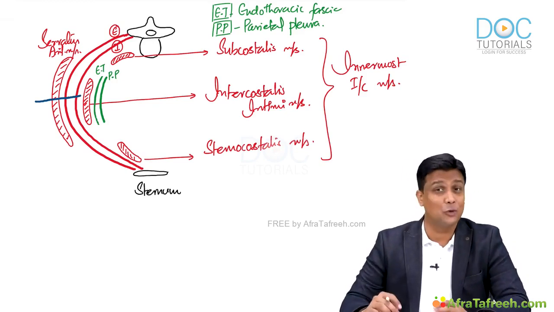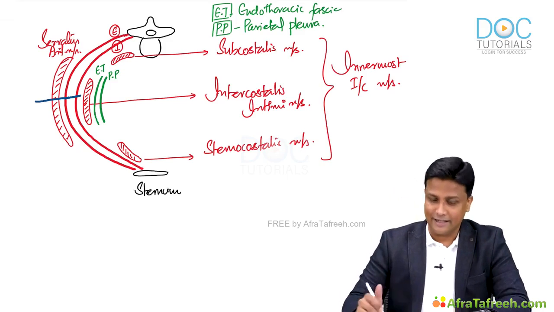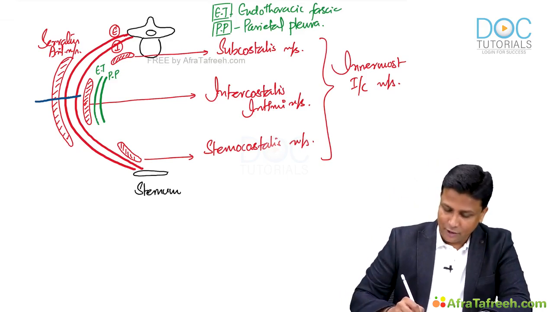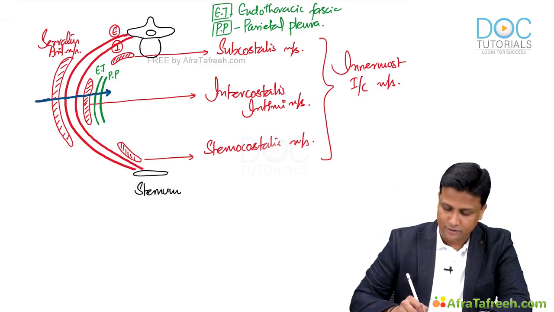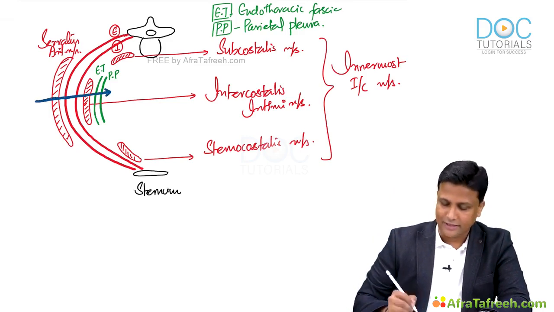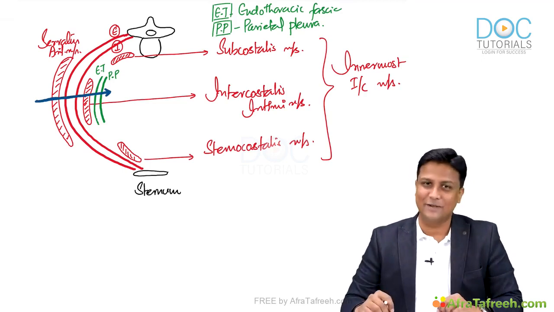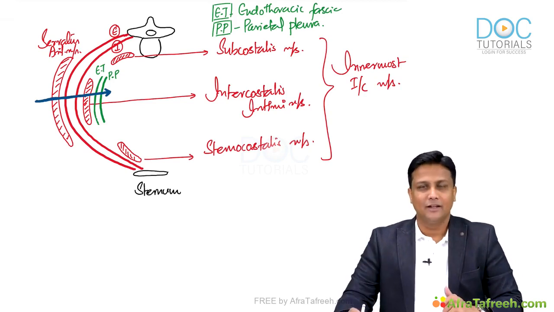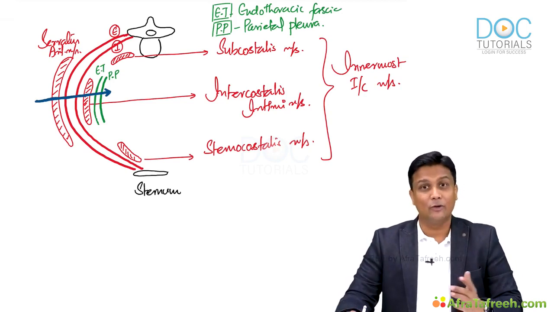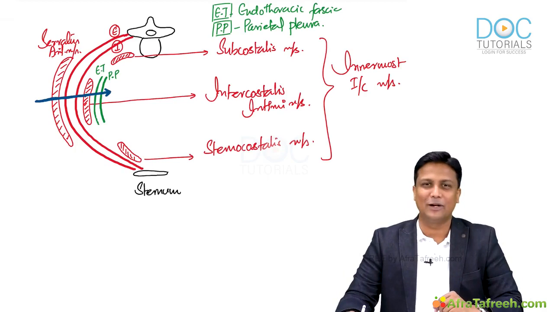It's not innermost, it's only the intercostalis intimus muscle, and then the endothoracic fascia and the parietal pleura. And the moment you cross the parietal pleura, you are right in the pleural cavity where an abnormal amount of fluid has accumulated, pleural effusion, and you are going to aspirate that fluid out. You are going to remove the fluid. That's nothing but pleural tapping.